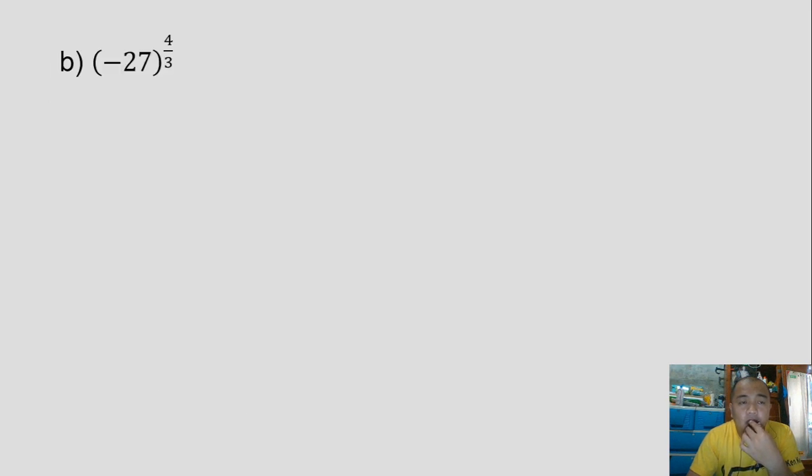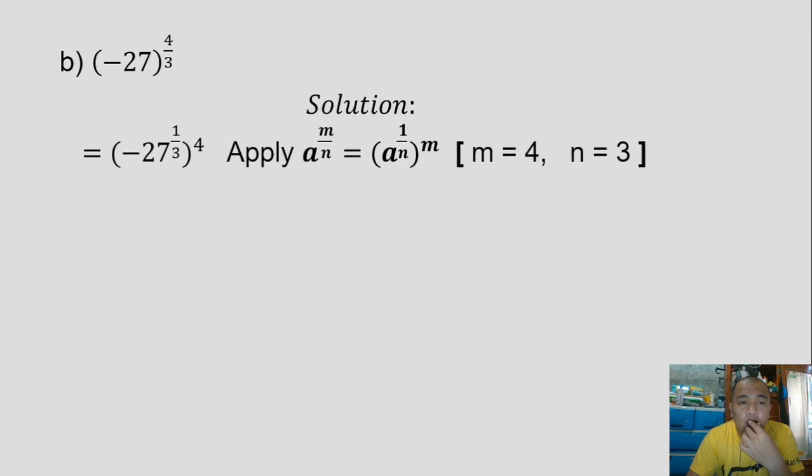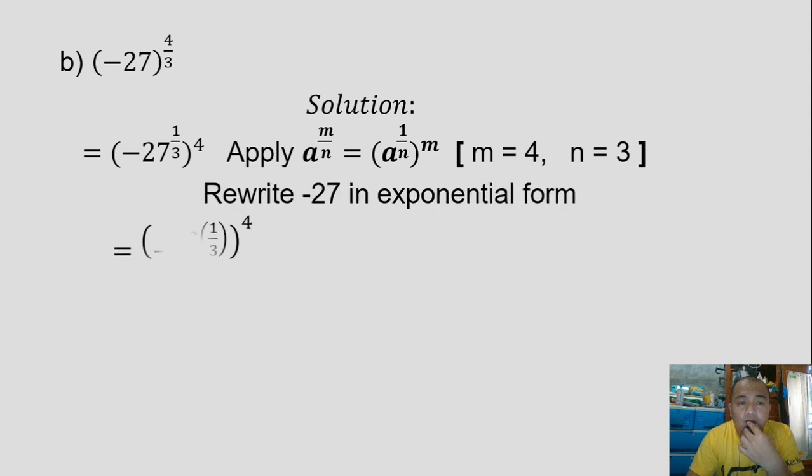How about this? Negative 27 raised to 4/3. This can be written as negative 27 raised to 1/3, to the 4th power, where m is 4 and n is 3. Then we rewrite negative 27 as negative 3 cubed, since negative 3 cubed is negative 27. Negative 3 cubed raised to 1/3, raised to 4.